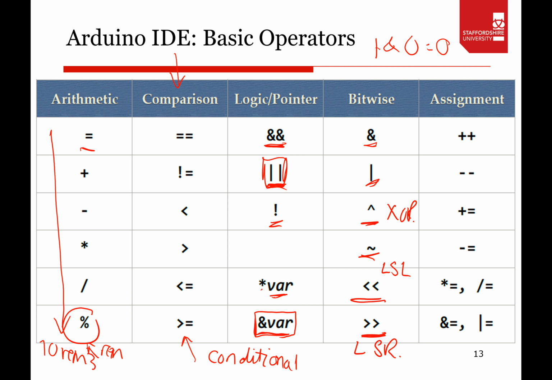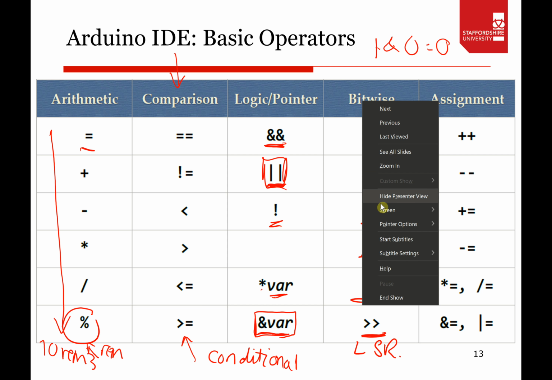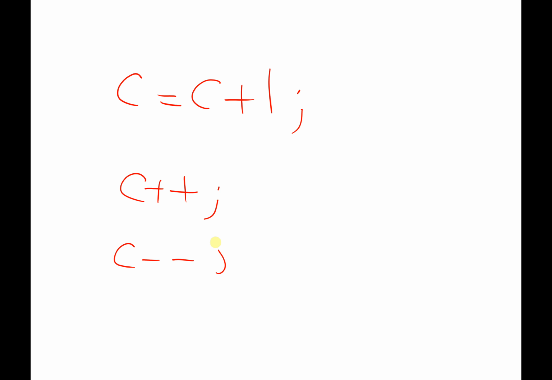Assignments. So plus plus: if we had C equals C plus 1, or C plus plus, then that means the same thing. Also, C minus minus is C equals C minus 1.